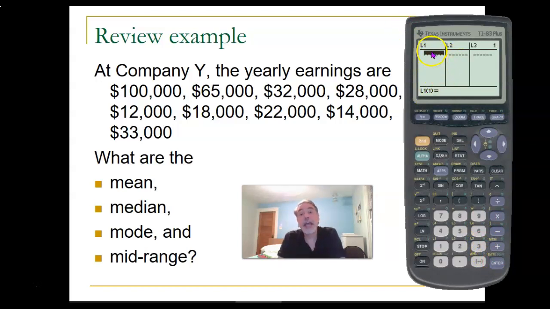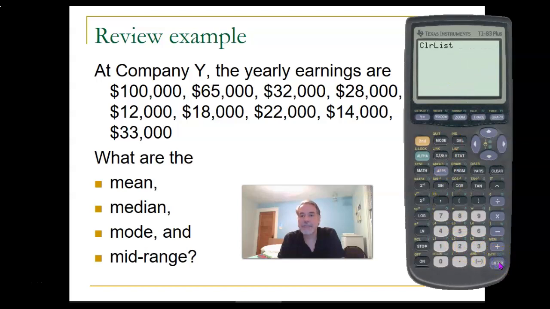If you did this and you saw a bunch of numbers that were already in your calculator, and you need to get those out of there before you do anything else, go back to the main Stat screen, so push Stat again. Now go down to choice number 4 where it says Clear List.